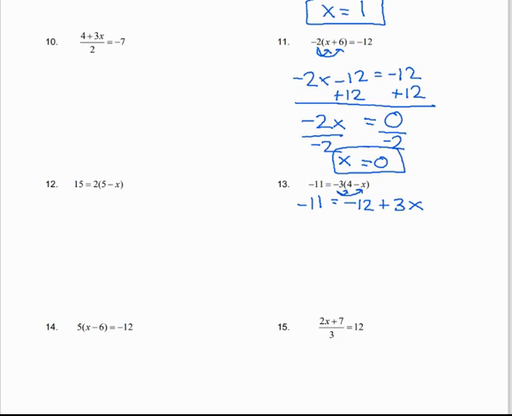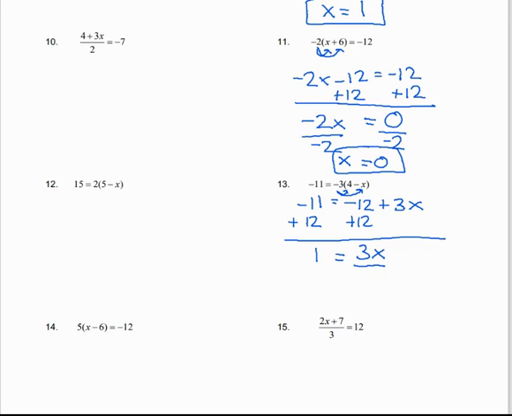So now to get the x alone, I need to get rid of the 12. It's a minus 12, so we add 12. Negative 11 plus 12 gives me a positive 1. And we're left with 3x on the right-hand side.